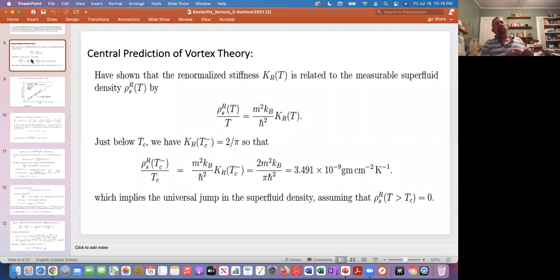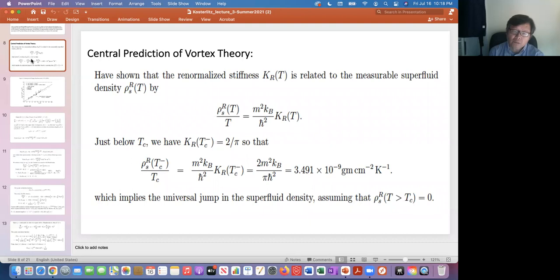It's quantized. So there's some more quantum mechanics. The lowest vorticity is 1, and then the next vorticity is 2. It's quantized in units. So this H bar survived to this point in this equation.